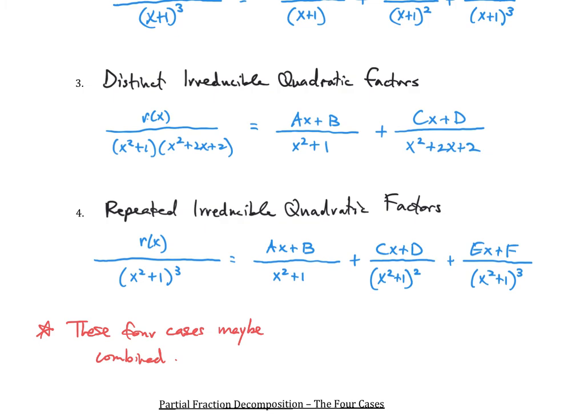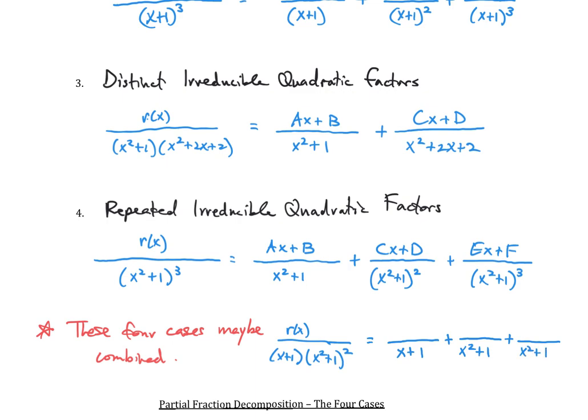If my function looks like r of x divided by x plus 1 times x squared plus 1 squared, this is a combination of case 1 due to the distinct linear factor and case 4 because we have a repeated irreducible quadratic.